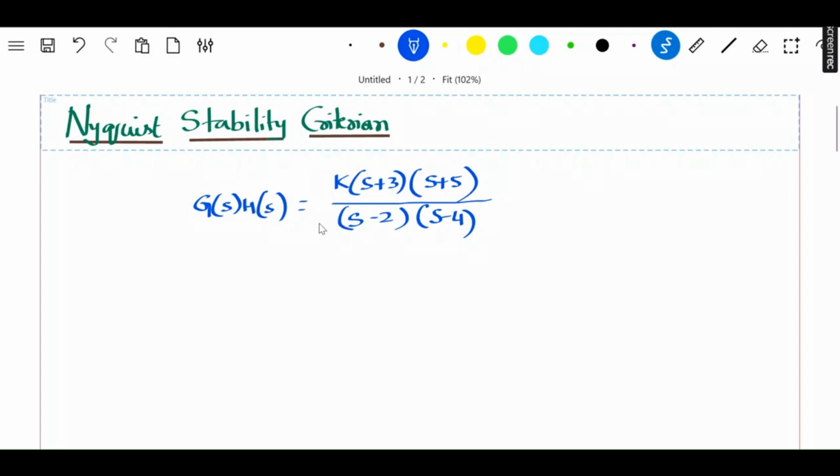Is there any pole at the origin? There is no pole at the origin, therefore the contour diagram is the initial Nyquist diagram.